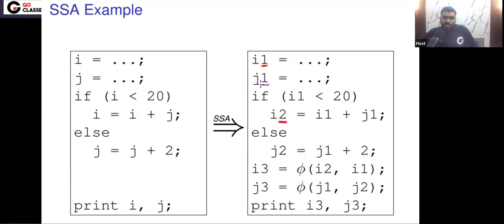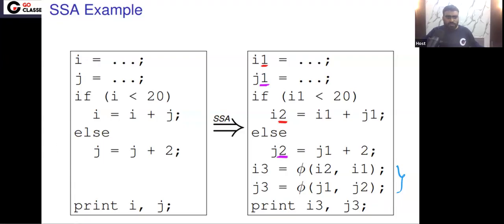Then here J1, here J2. These Phi functions you need to put. Finally, you can print J3, I3. Is this clear? Please tell me.